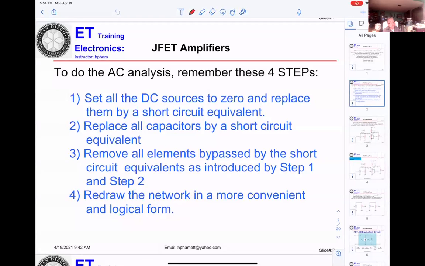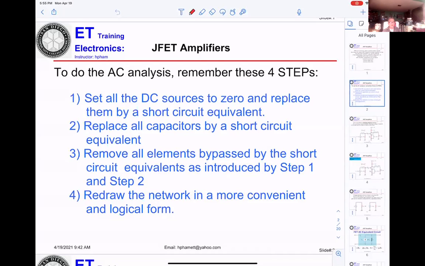You draw for the AC, then the DC source must be shorted to the root. Replace all capacitors by short circuit equivalents. That means you never see any capacitor in the AC model; they are shorted like a wire. Remove all elements bypassed by the short circuit equivalent, as introduced by step 1 and step 2, and redraw the network in a more convenient and logical form.